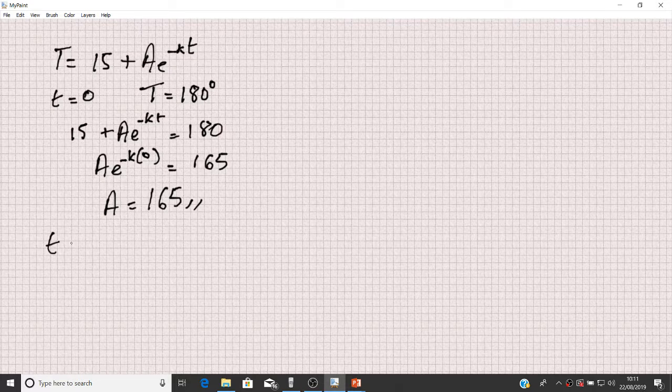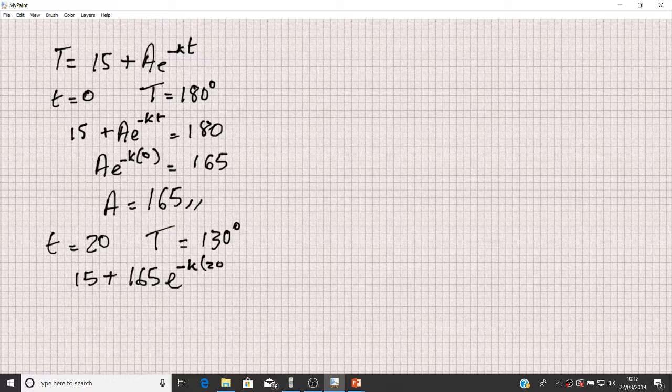So when t equals 20 minutes, the oven temperature T was found to be 130 degrees. So pop that into the equation. We have 15 plus A, which we now know is 165, e to the minus k times 20 equals 130.